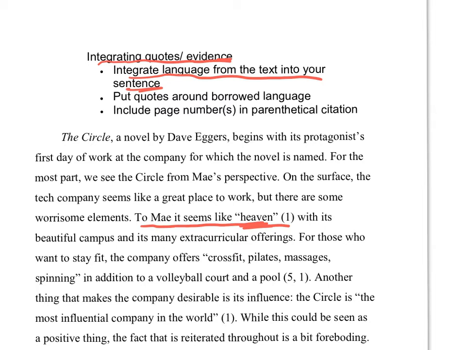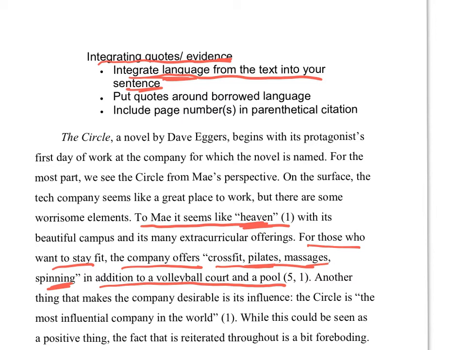Another example would be the following sentence, where it says, "For those who want to stay fit, the company offers CrossFits, Pilates, massages, and spinning, in addition to a volleyball court and a pool." So what you're seeing here again is the writer integrating some of the language into his or her own sentence, which allows you to really take control of your own writing and not rely on longer quotes that sometimes get in the way of the style of your paragraph and sometimes get in the way of your interpretation of certain things.